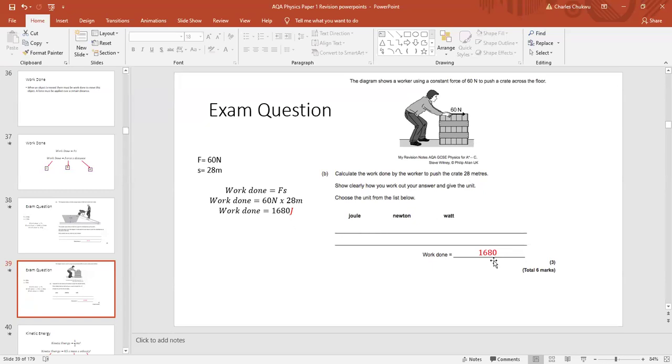So that's 60 times 28, 1,680. That's all. And the unit, you know by now, is joules. Unit for work done is joules.